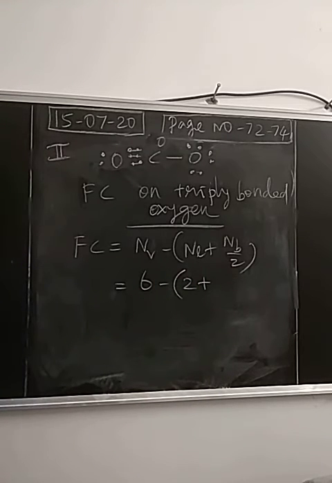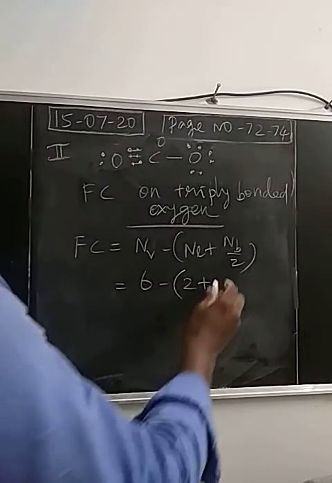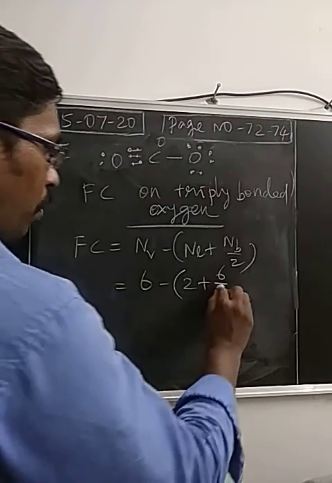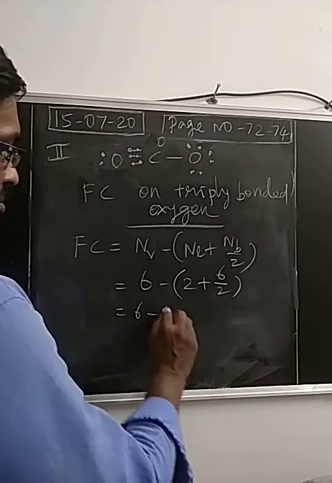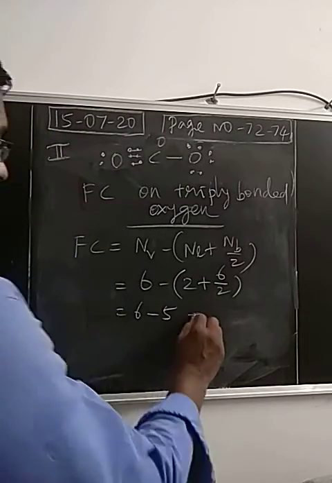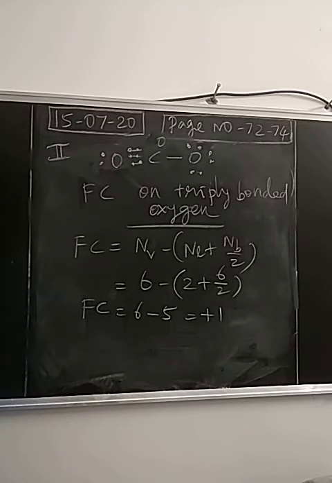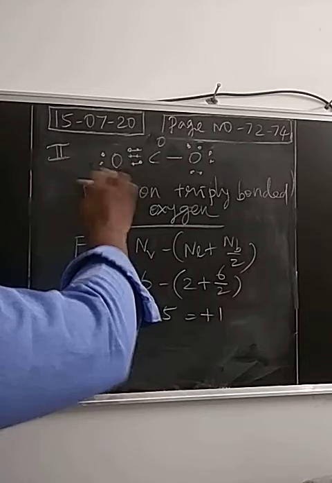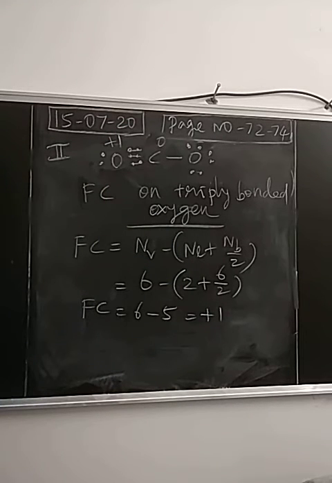What about bonded pair of electrons? 2, 4, 6. So 6 electrons present as bonded pair of electrons. So 6 minus 5, only 1. So formal charge on triply bonded oxygen is plus 1.